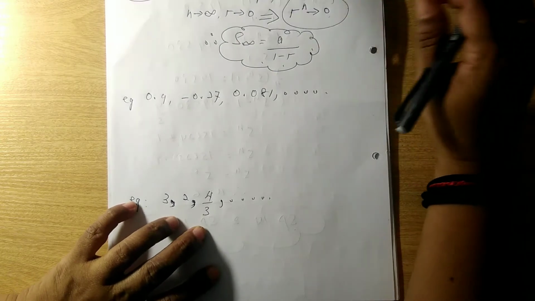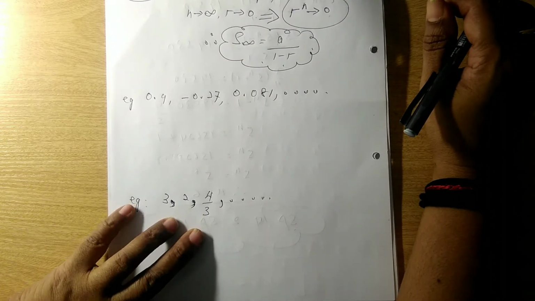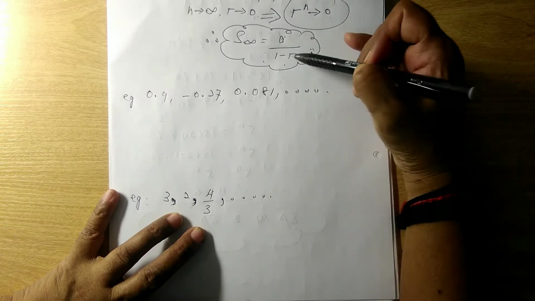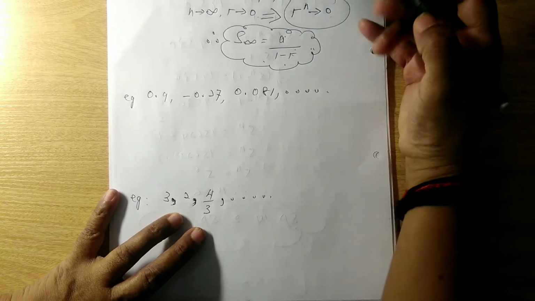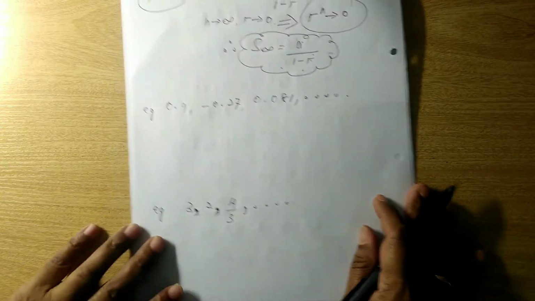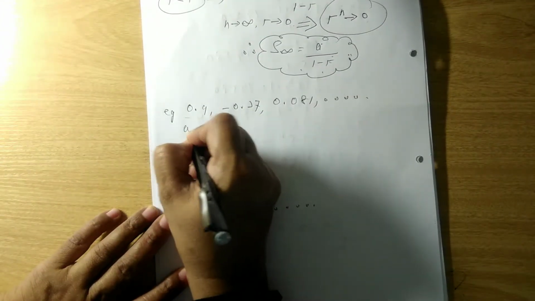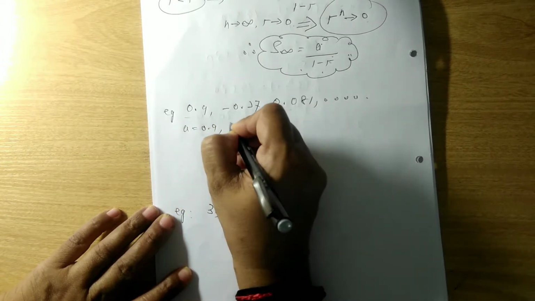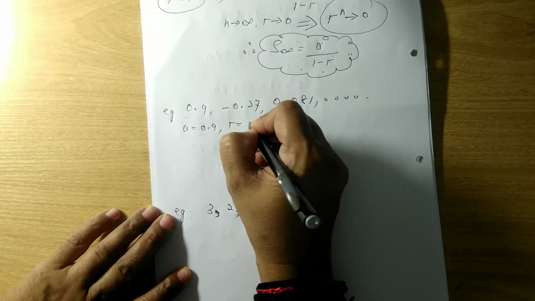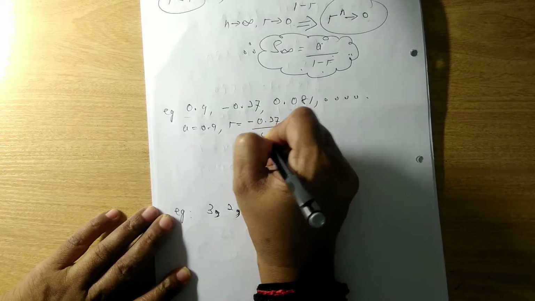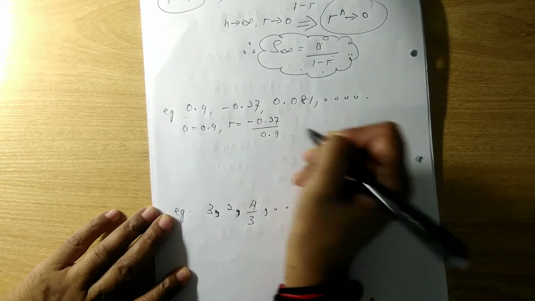The question says find the sum to infinity. This formula is quite simple, because I only need a and r. So a for my question is 0.9, and my r is T2 over T1, which is negative 0.27 over 0.9.